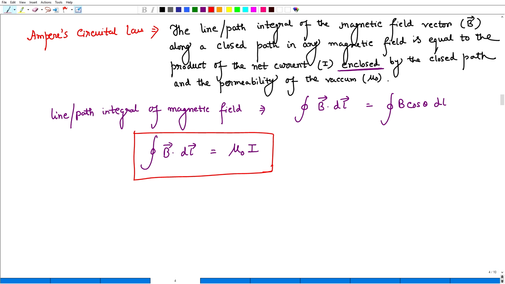Okay, so this is our Ampere circuital law, where this part is essentially the line or path integral of the magnetic field, mu naught is the permeability of the vacuum, and I is the total electric current enclosed by that loop. Okay, so we have to now see some explanation.